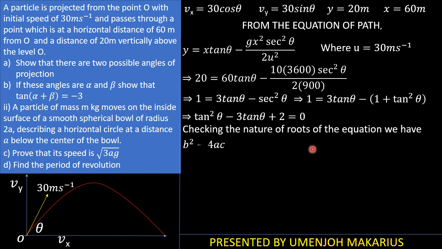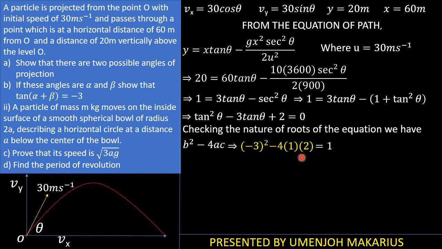We are going to be using b squared minus 4ac, because we could still have equations like this that are quadratic but do not have real roots. So we have to tell them that this equation has two distinct real roots. Our b in this case is -3. Plugging in everything, we have -3 squared minus 4 times a, which is 1, times c, which is 2.